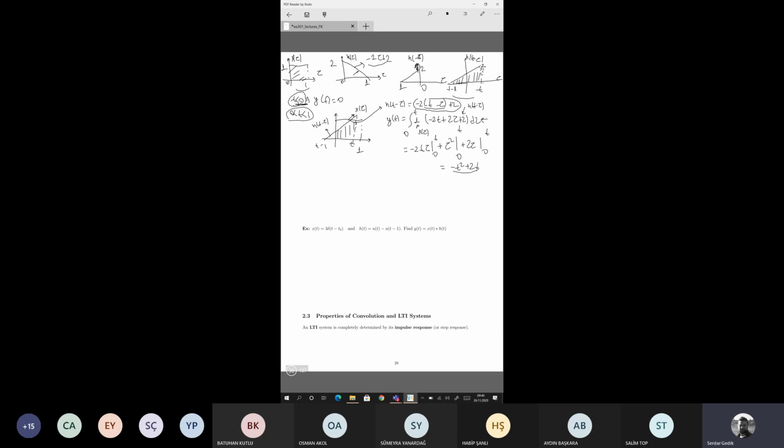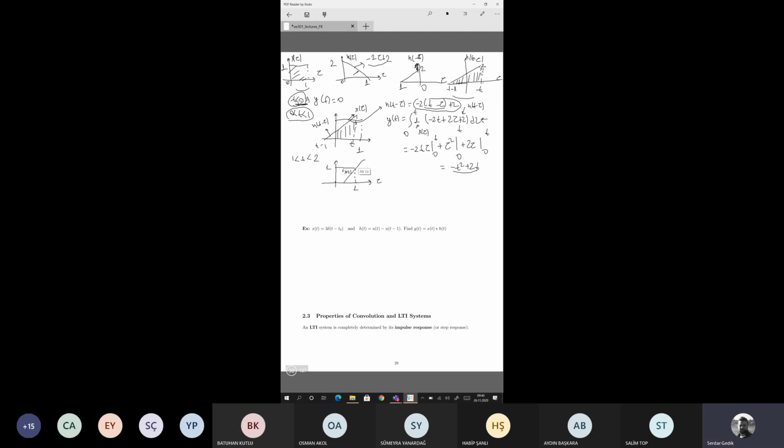So what is next? If t is in the interval from 1 to 2, what happens in this case? Let me draw what's going on. This is tau, this is x of tau, so it is 1.